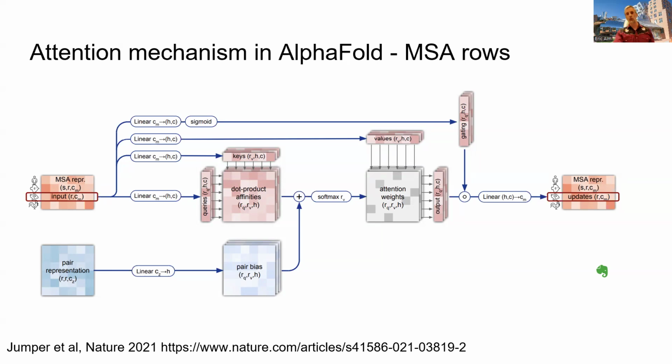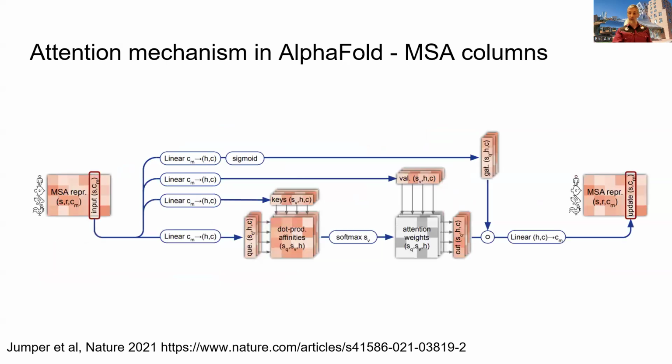In AlphaFold, the rows of our multiple sequence alignment are allowed to have attention with other rows, and that's influenced by the pair representation. So the pair representation, if we think about it as the current three-dimensional geometry of the structure, is influencing which rows of the MSA get to talk to each other.